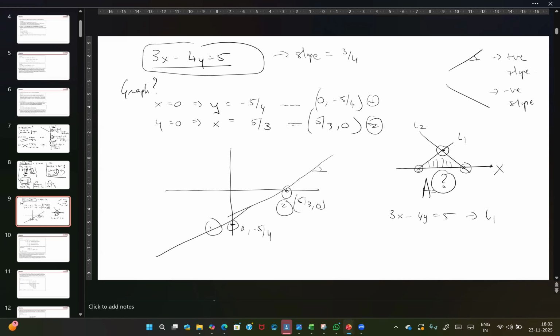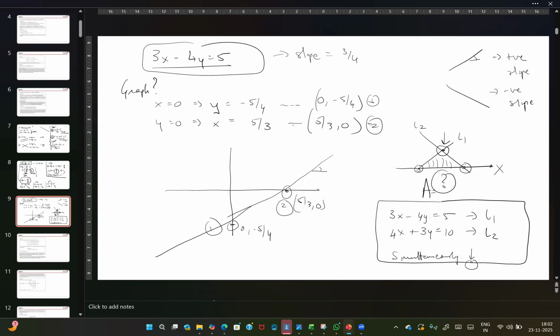And I say 4x plus 3y is equal to 10. That is L2. Solve both the equations and find what x and y are. So that's the common point. Correct? So we solve these simultaneously, and we get the intersection point, which is this.